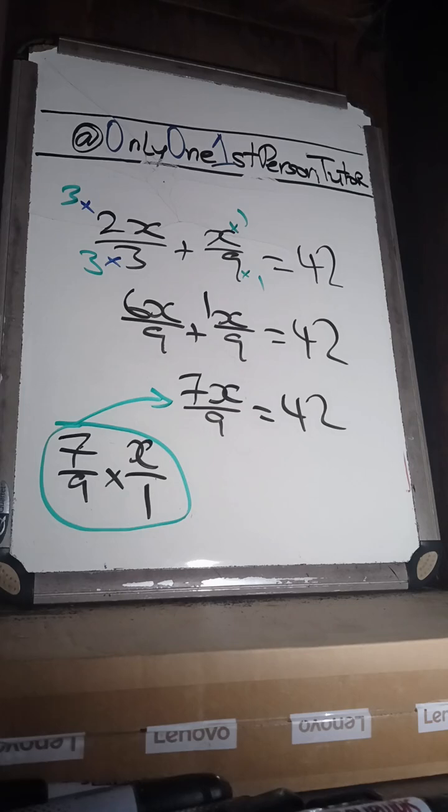When the x is up, it's x over 1. When the x is in the denominator, it's 1 over x. So now we'll know to do the appropriate thing. So now we can call this 7 over 9 times x, so we can multiply both sides by 9 over 7.